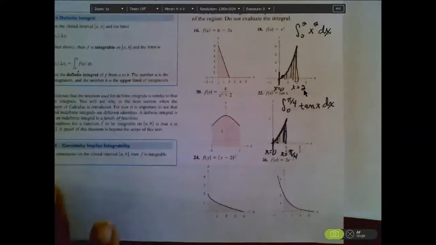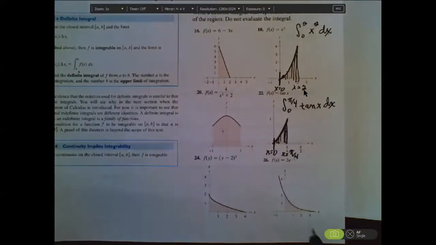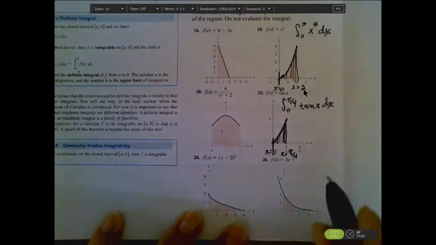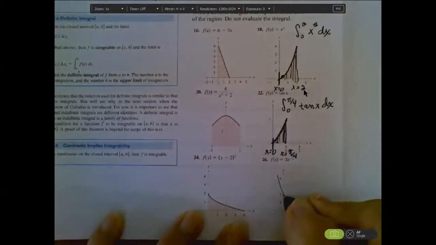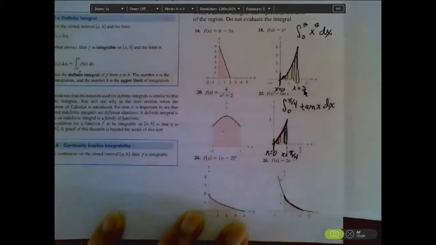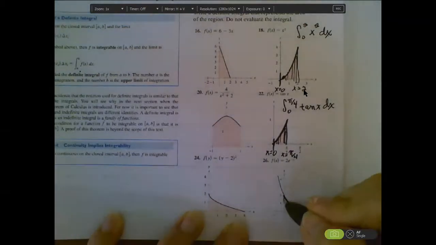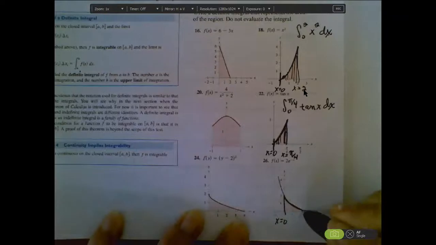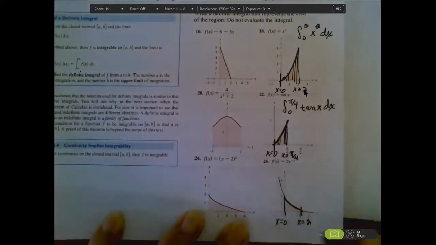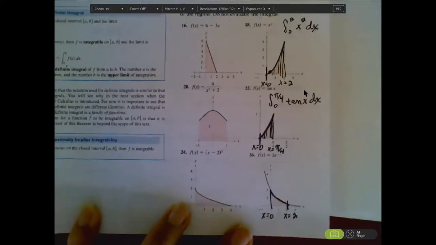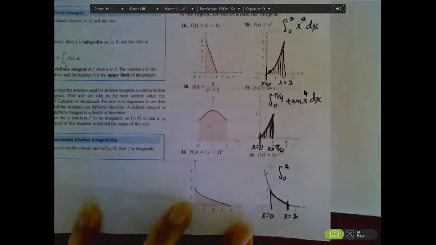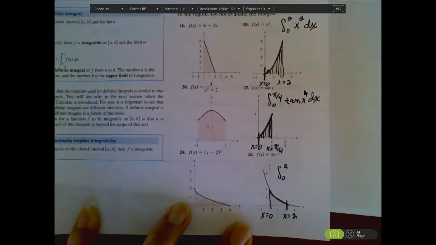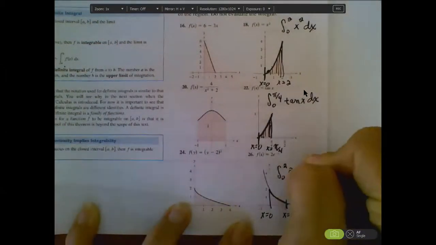Number 26. Mr. Joseph, I want a definite integral that will give me the area bounded by the curve 2e to the negative x from x equals 0 to x equals 2. What definite integral would give me that area? From 0 to 2, 2e to the negative x times dx.